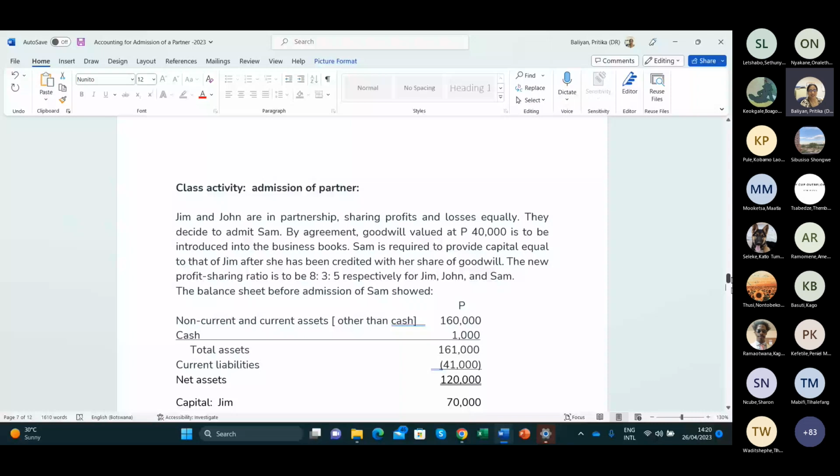We determine their values. If they have had machinery running the business for the last 10 years, what is the value of the machinery, plant, furniture, and equipment after 10 years? We determine their current value and find out, if we sell this business with these assets, at what price it could go. Suppose in this example the total of current and non-current assets is 160,000.